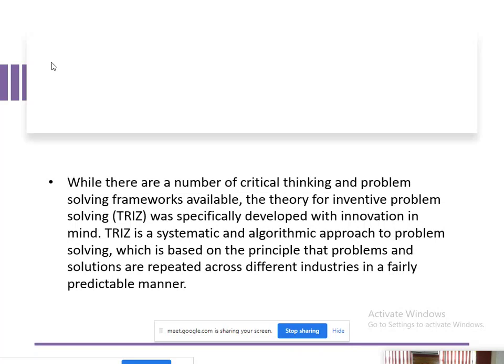Definitely there must be a problem statement, and that problem statement can be collected by a company through surveys or by directly contacting the customers, or sometimes through feedback, and sometimes through the call center of the company. There are a lot of ways the company can understand what the customer actually wants and what the actual demands of the customer are.